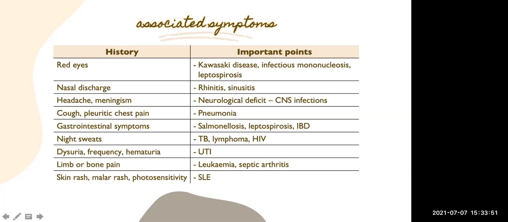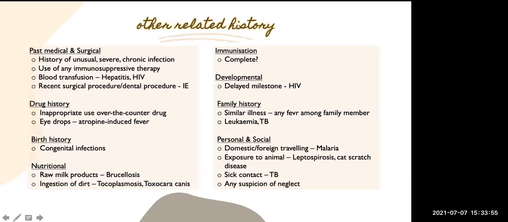Okay, so next. So to be systematic, we just follow the template that we normally use to plug our patient. So we ask for the past medical and surgical history, whether there's any history of unusual, severe, or chronic infection, because an immunocompromised patient can present with these symptoms, or if the patient is on any immunosuppressive therapy.